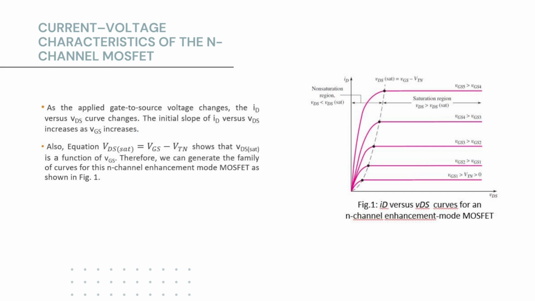So initially our drain current increases linearly, then it saturates and no variation is found in the drain current. So in the saturation region, the drain current shows a straight line in the characteristics, while in the active region it increases in a linear fashion, and in the cutoff condition no current flows in the circuit.